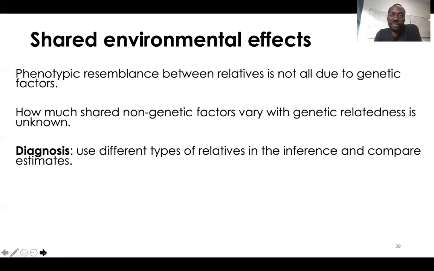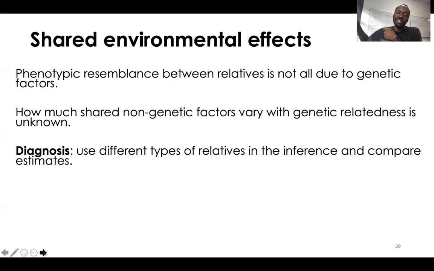So starting with shared environmental effect, I just want to start by underlining that phenotypic resemblance between relatives is not all due to genetic factors, right? Genetic factors do play a role, but it's not just that. Remember this equation that I have shown multiple times in the previous parts, that the phenotypic correlation between relatives was a linear function of the genetic relatedness, and we were sort of leveraging that to estimate heritability.